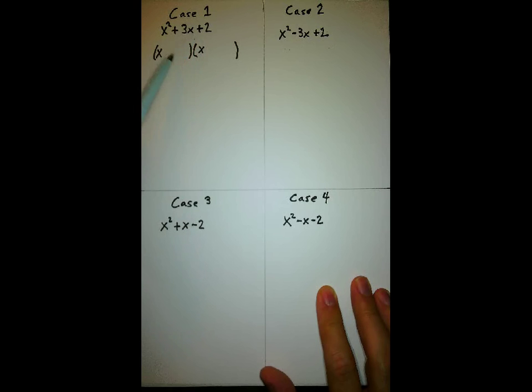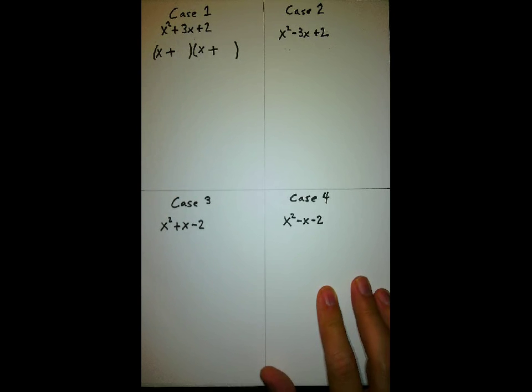Alright, and what are those signs going to be? For that, we look over here, and that's a plus. So that tells us that we're going to have a plus and a plus. So this one told me that this sign is going to be the same as this sign, and this one tells me that they're both a plus.